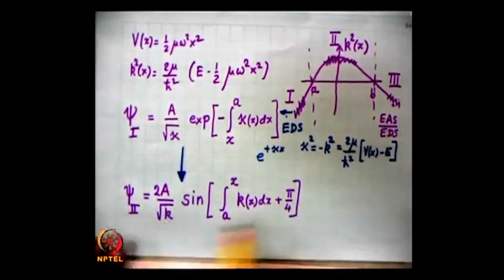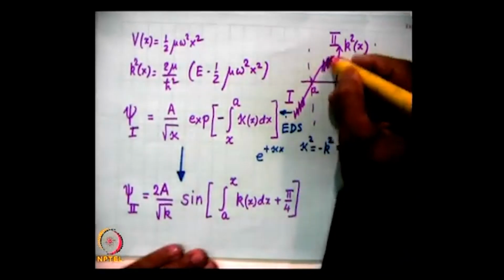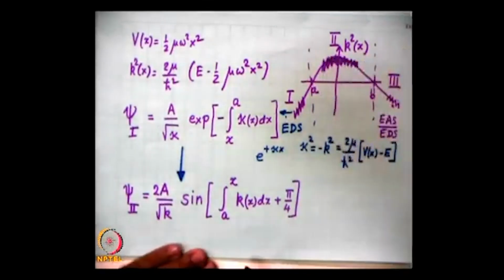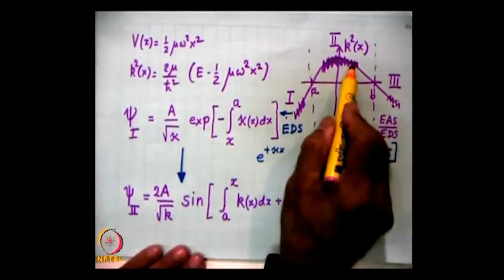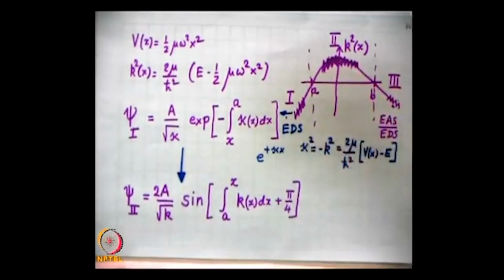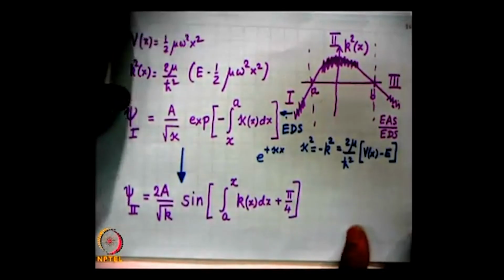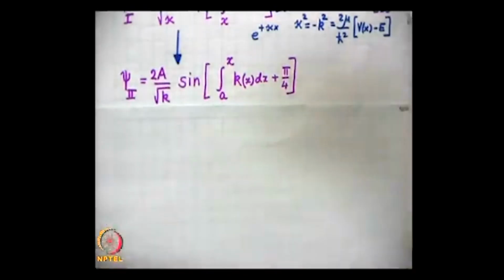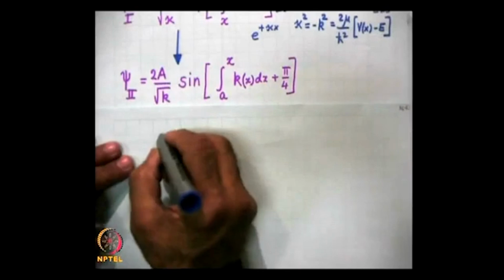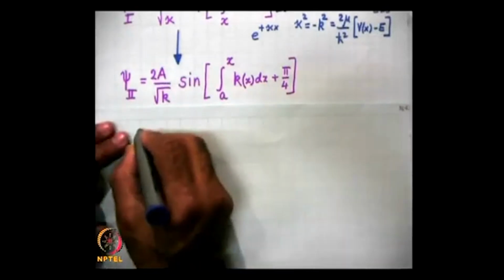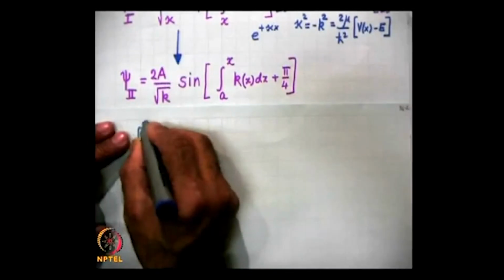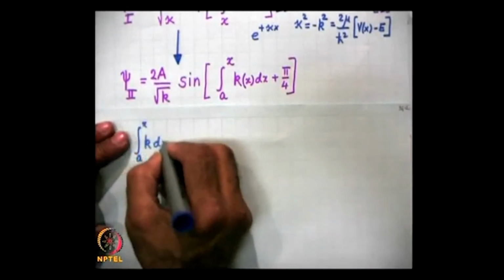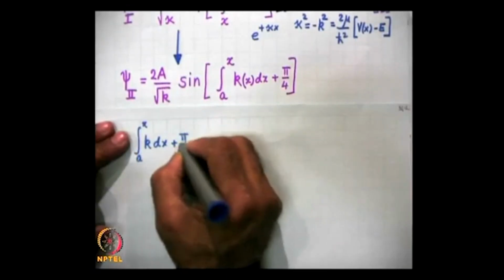Therefore, this solution is in this region. Now, I must look towards the turning point x is equal to b, and therefore, I should write this integral as a to x k dx plus pi by 4.